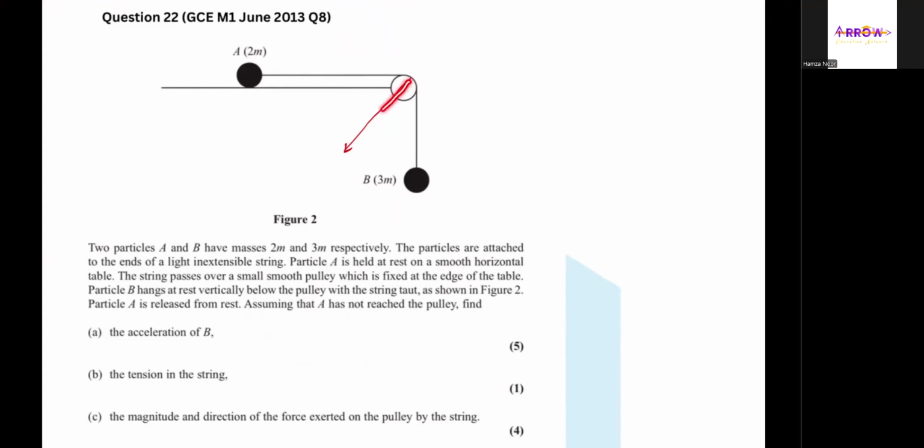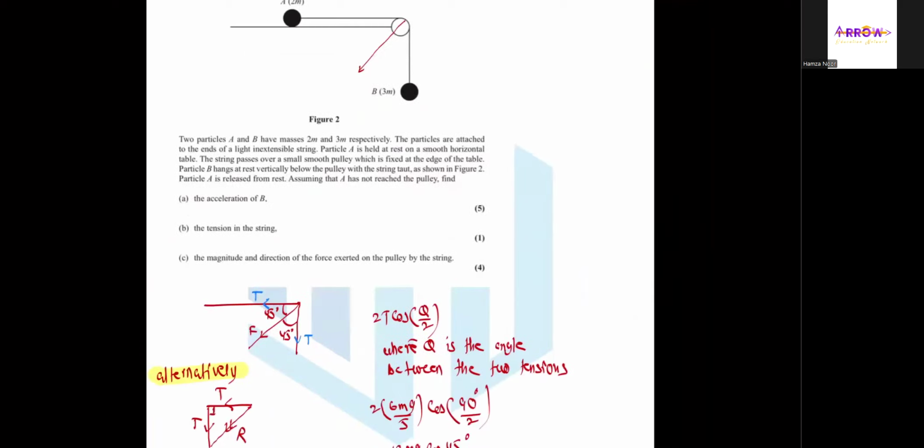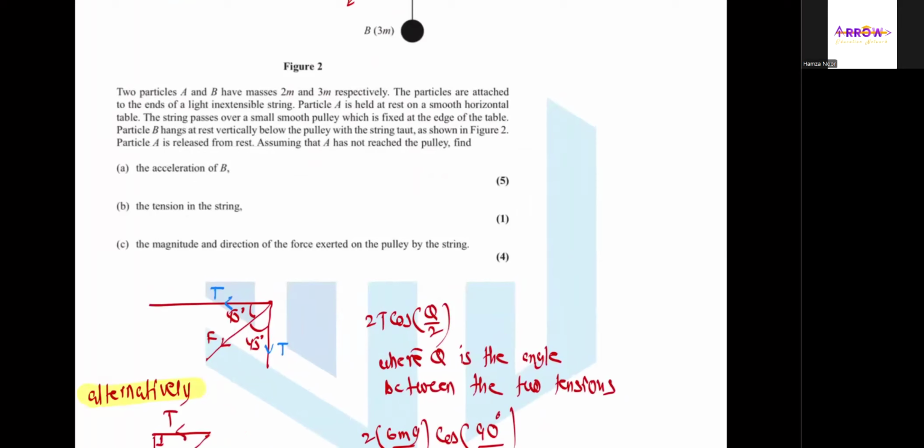Force exerted on the pulley by the string, or you can say by the string on the pulley. So this force will act over here halfway between the two tensions in the string. This force would act as an angle bisector of these two tensions. When we are referring to the pulley, the tension in the string is moving away from the pulley, because tension moves away from the point of reference.